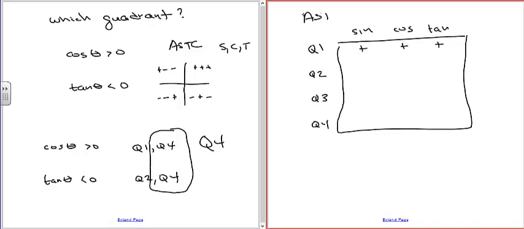All students take calculus, so they're all positive in the first quadrant. The sine is positive in the second quadrant. The tangent is positive in the third quadrant. The cosine is positive in the fourth quadrant. And then you can just put negatives where everything else is. And notice there are 12 possibilities, 4 quadrants, 3 trig functions: 6 positives and 6 negatives. Makes sense. Things are symmetric.